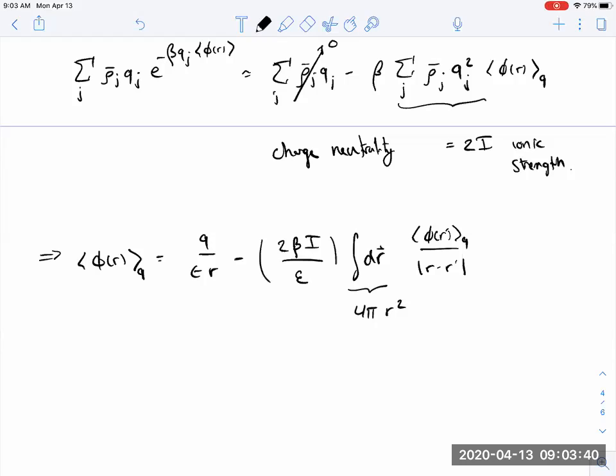This factor here must have units of length squared inverted, and is where all of the information about the solution is living. All the information about the other ions has now been rolled into that ionic strength.